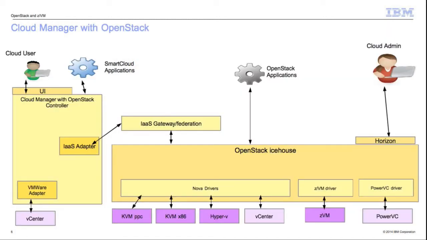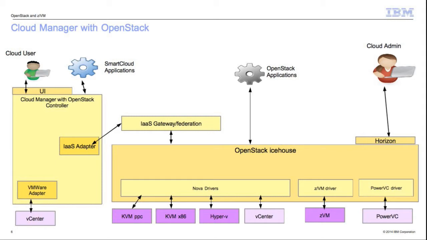So to talk a little bit more about IBM Cloud Manager with OpenStack, right now it is based on OpenStack Icehouse. And so it does contain the Nova drivers that you would normally get in Icehouse: KVM, Hyper-V, vCenter. And then it has two IBM-developed drivers, the z/VM one that I've talked about, and also PowerVC. And PowerVC, I believe, is out on StackForge right now.